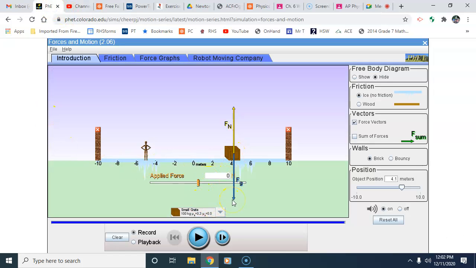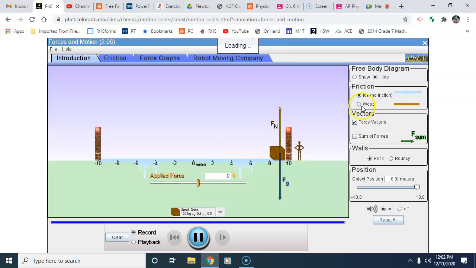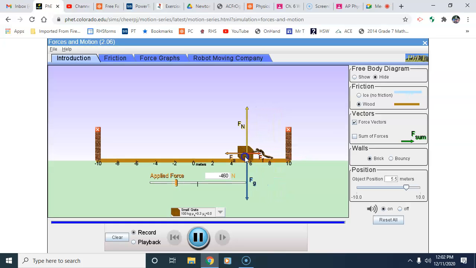Now, this simulation isn't made for this, so I'll try to do it the best I can. Let's say I want to push, oops, I need friction back on, sorry about that. I want to push at a constant velocity. We should know, there we go, that looked pretty constant right there.